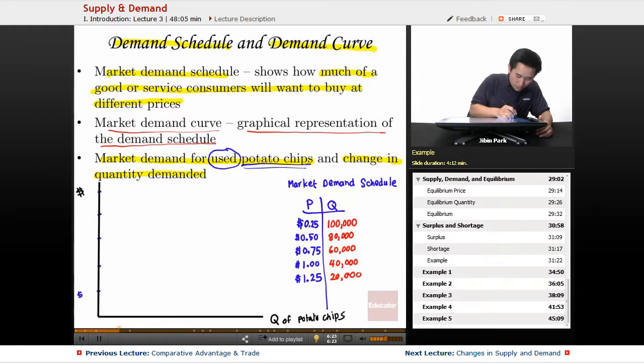So we're going by 25 cents, 50 cents, 75 cents, $1, and then $1.25. And then on the labeling on the bottom, we'll go in increments of 20,000.